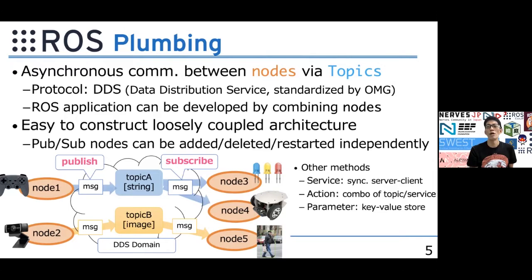In addition, if a node crashes, it can be restarted independently. While pub/sub communication via topic performs asynchronous communication, service is also supported as synchronous communication. Action is a combination of topic and service communication, and parameter is a key-value store.